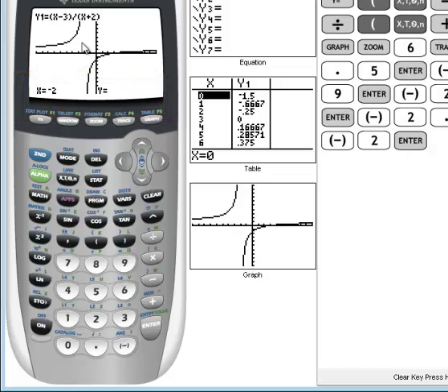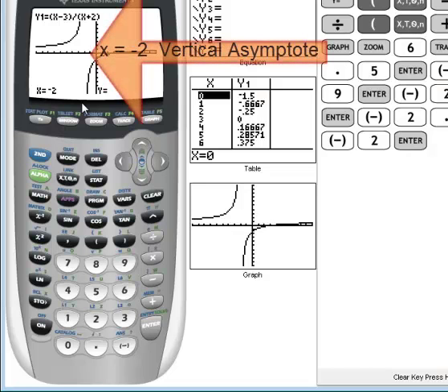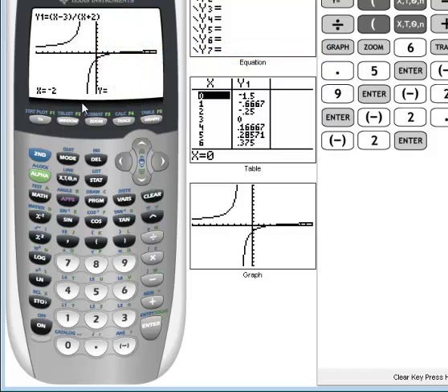This vertical line, x equals negative 2, where the graph approaches but never touches, is called the vertical asymptote. Can you tell me why the graph never has an x equals negative 2? Remember the restricted values for a rational expression? You can never have a 0 in the denominator because that would give you an undefined number.